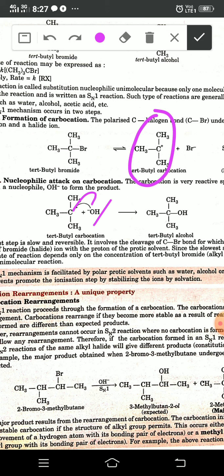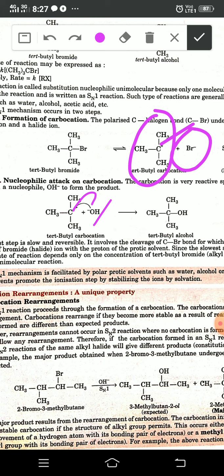First the formation of carbocation takes place, then the attack of the nucleophile, and in this case the nucleophile can attack either of the two sides of the carbocation, either towards the front side or towards the back side of this carbon atom. So two types of structures are possible in this case.